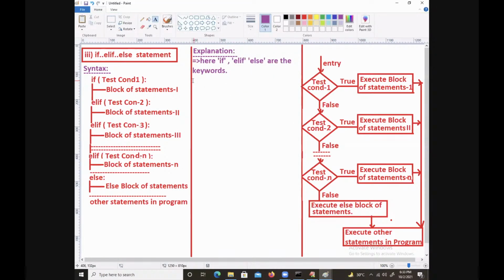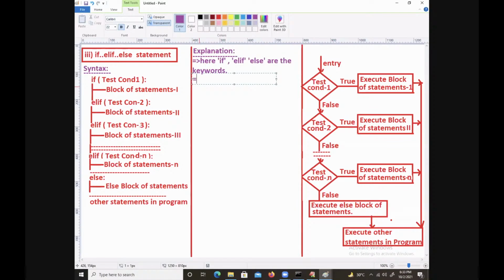Perfect. First, what is happening here? First, what is evaluated? Test condition 1.